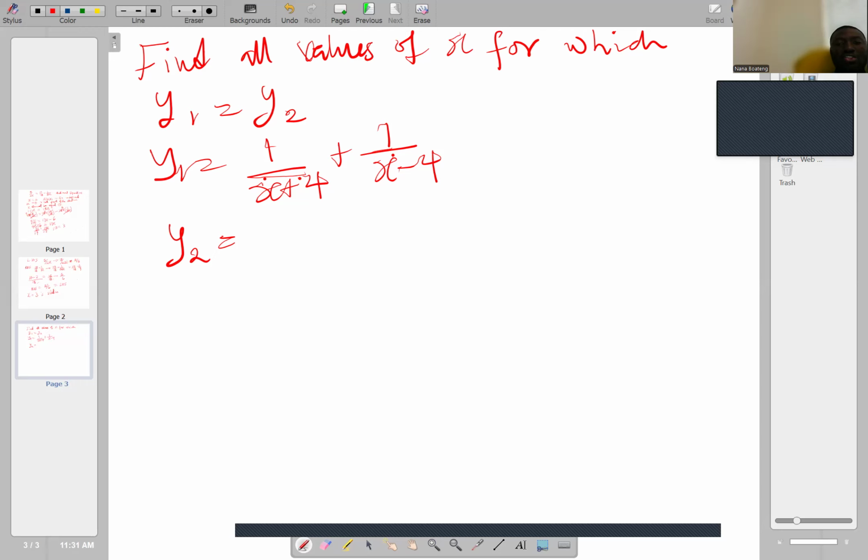So this gives us 22 divided by 105. So we got 22 divided by 105 on both sides. That confirms that x is equal to 11 is a solution to our rational equation.